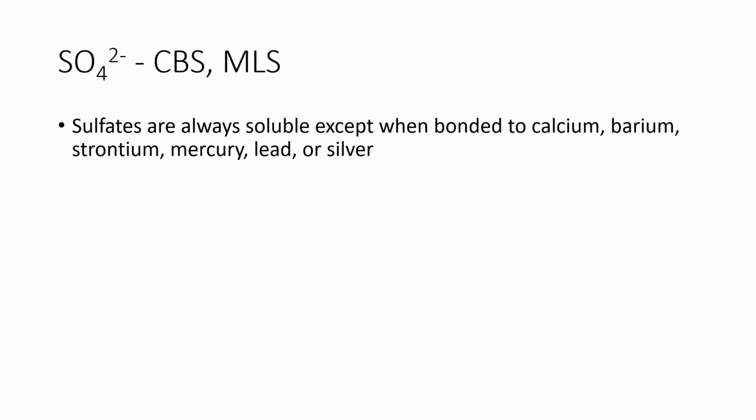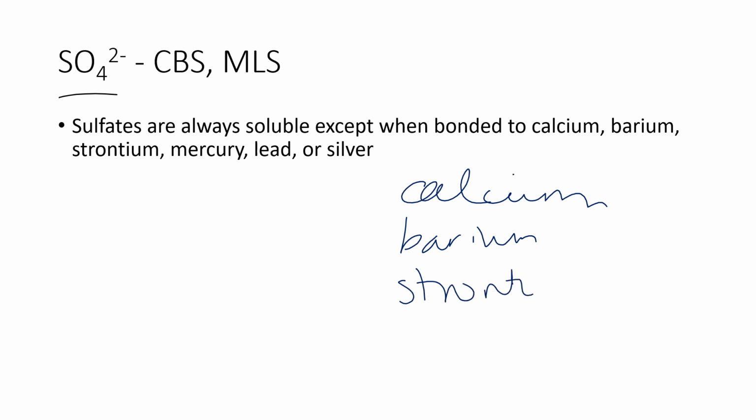And our final rule is anything with the sulfate anion. So sulfates are going to be soluble except in the presence of calcium, barium, strontium, and our friends from the previous rule, mercury, lead, and silver.